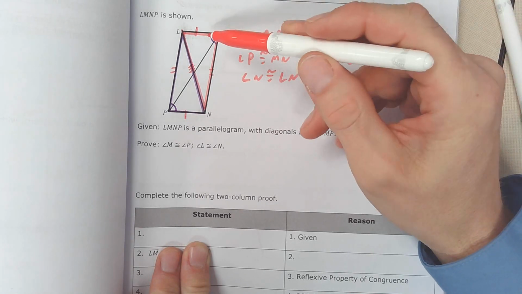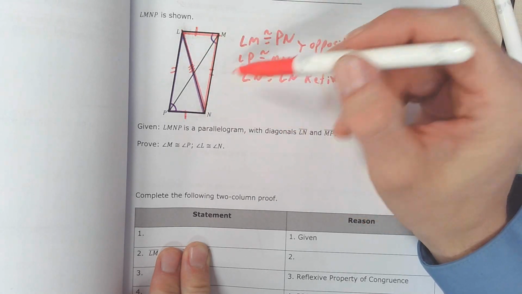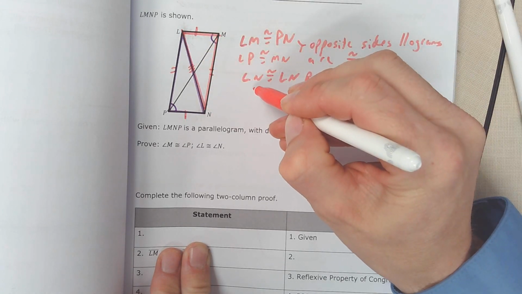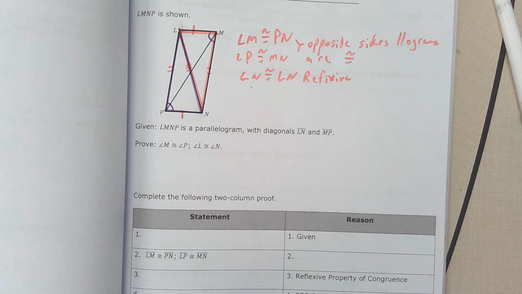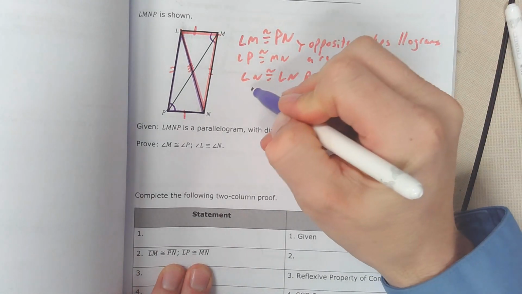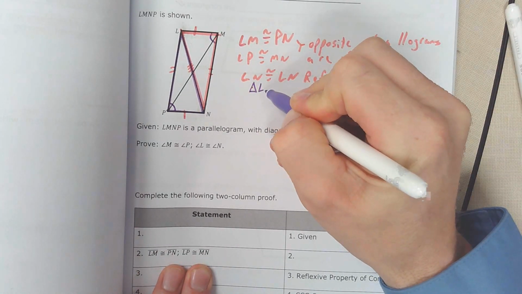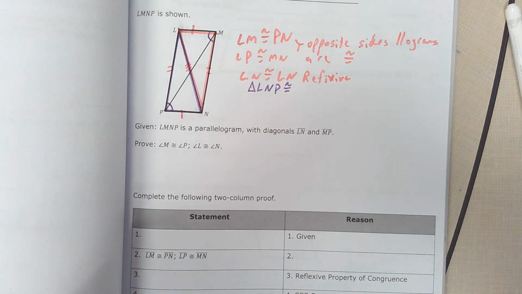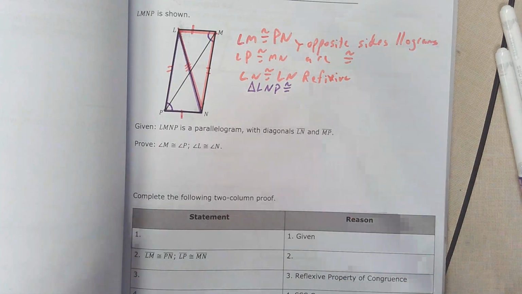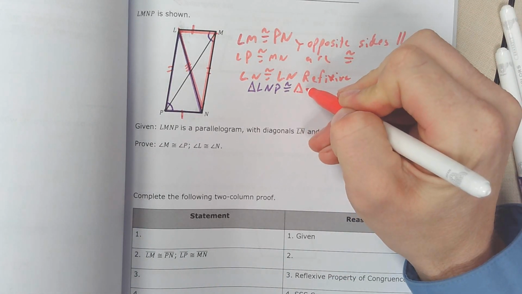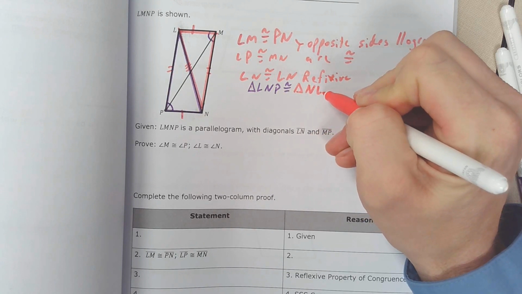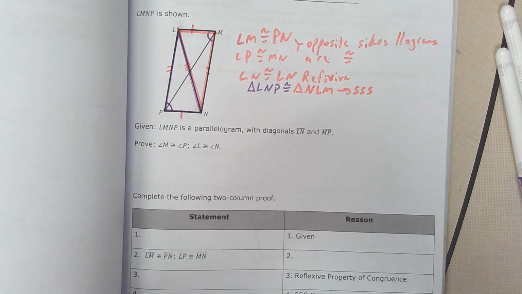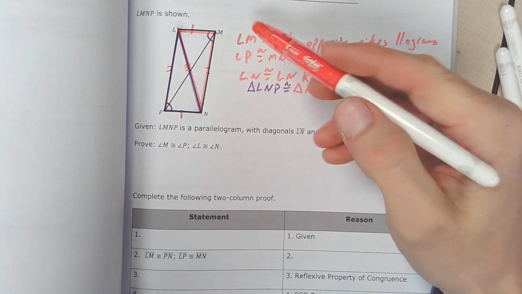Because of that, I have three sides. I have triangle LNP congruent to triangle NLM because of side-side-side congruence. All right, so that's one thing there.